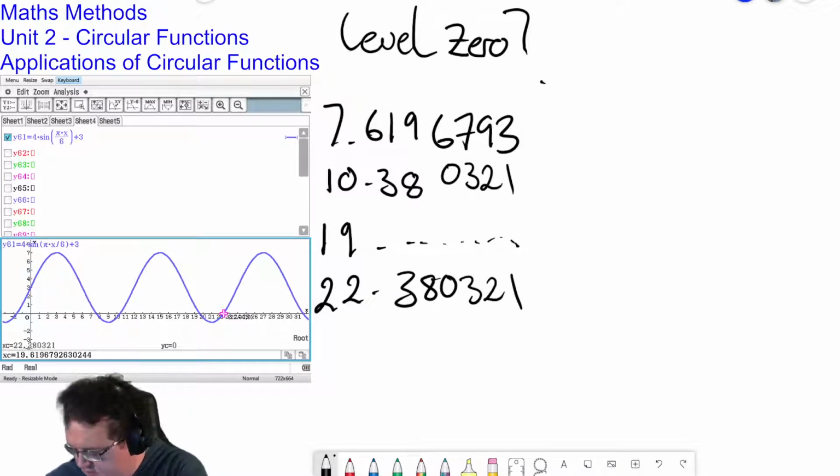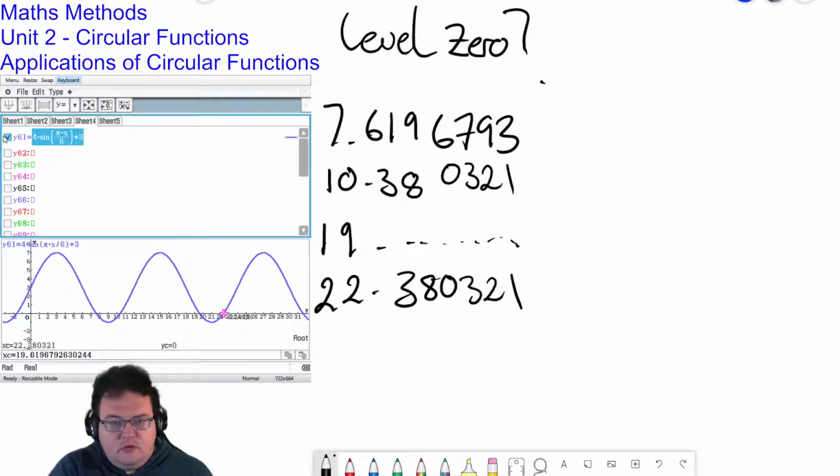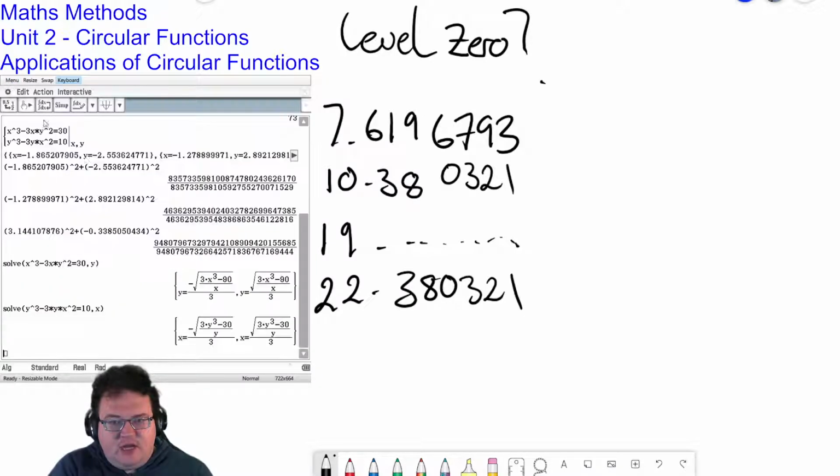Alright, so this will go a little easier if I use the normal algebra section of the CAS. So I'm going to copy that equation so I don't have to type it out again.